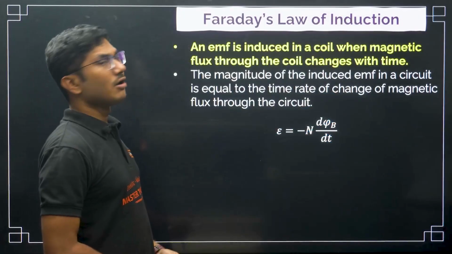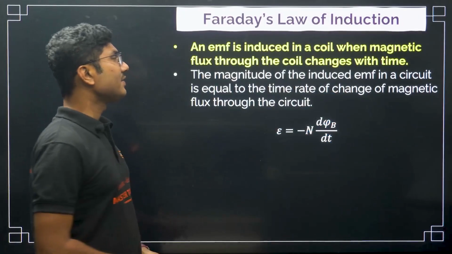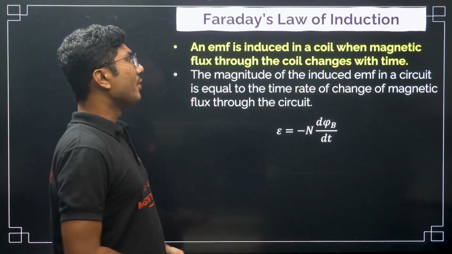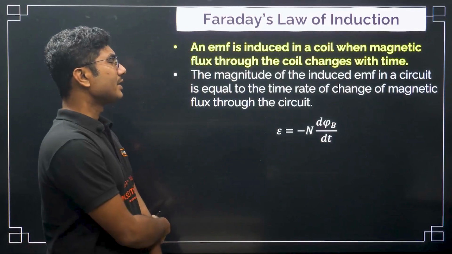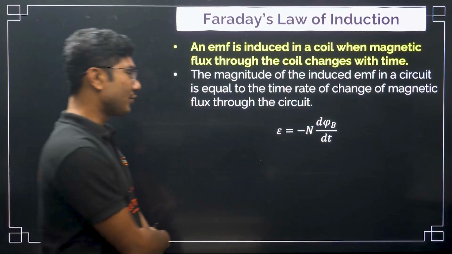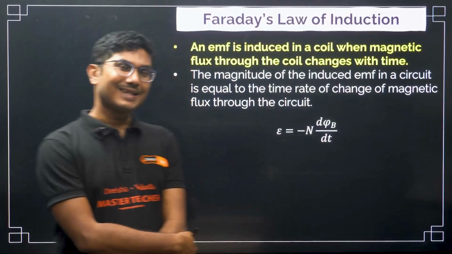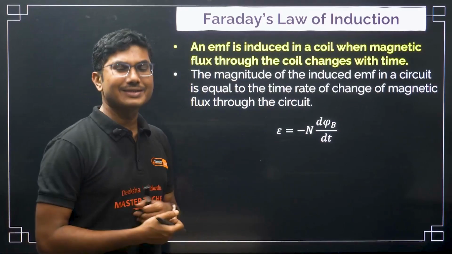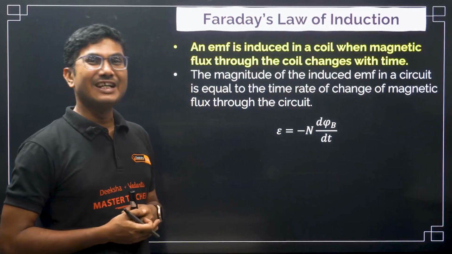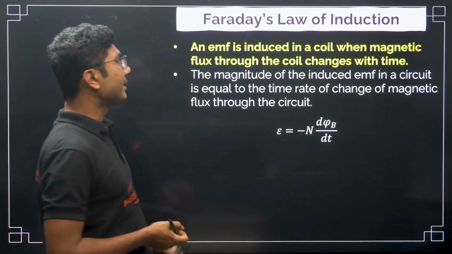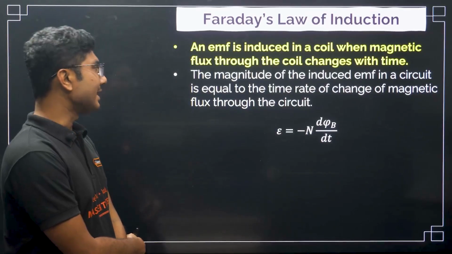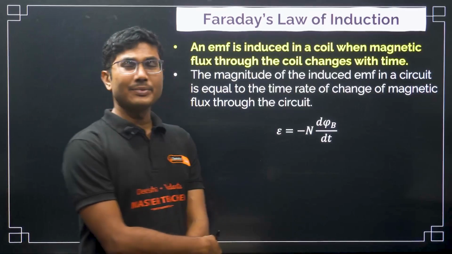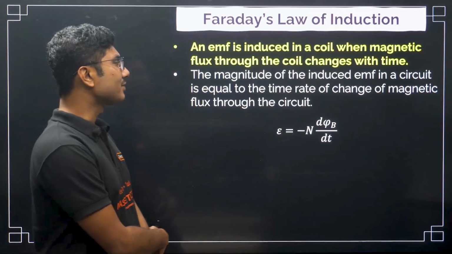Now Faraday's law of induction: an EMF is induced in a coil when the magnetic flux through the coil changes with time. If you have a magnetic flux associated with a coil and you change that flux, then there is an induced EMF. The magnitude of the induced EMF in a circuit is equal to the time rate of change of magnetic flux through the circuit.